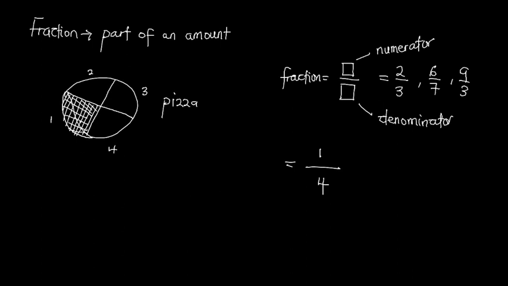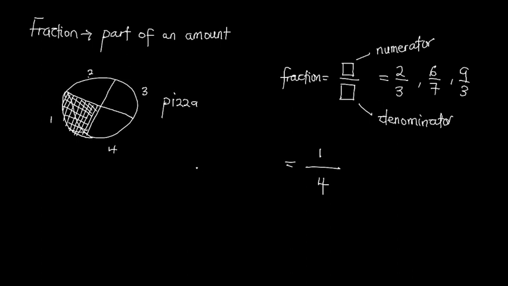Now if the question asks what is the fraction of the remaining amount of the pizza, the remaining amount is the part that I have not consumed or I am yet to consume. So if we go back to our pizza, we have 1, 2, 3 parts or 3 slices yet to be consumed.